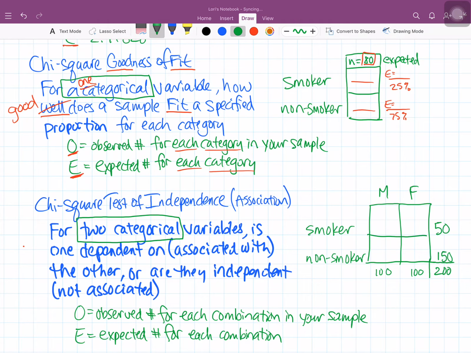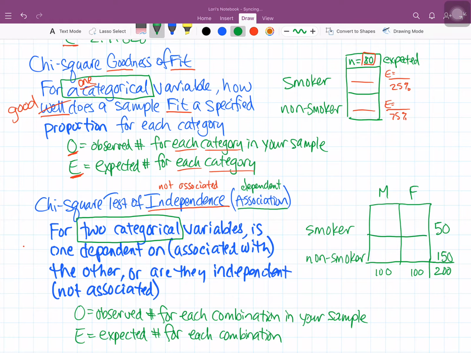And so you can see how if I say test of independence, that means they're not associated. If I say that they're associated, that means that one is possibly dependent on the other one.